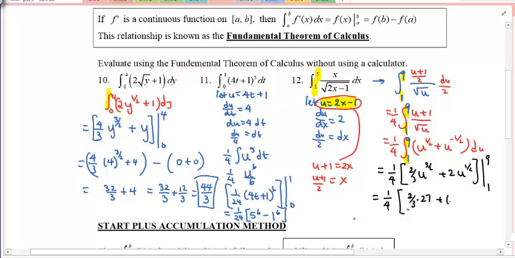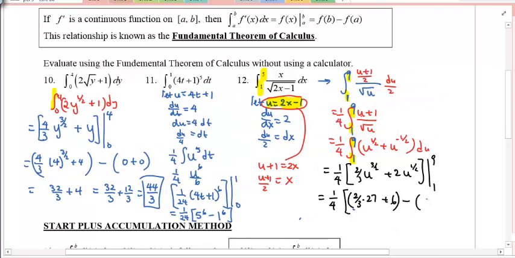That's just 18. Then the other part is 2 times 3, which is 6. Subtract that at 1, so 2/3 plus 2. 18 plus 6 is 24, so this is 1/4 times 24, minus 2/3 plus 2, that's 8/3. It's looking ugly.